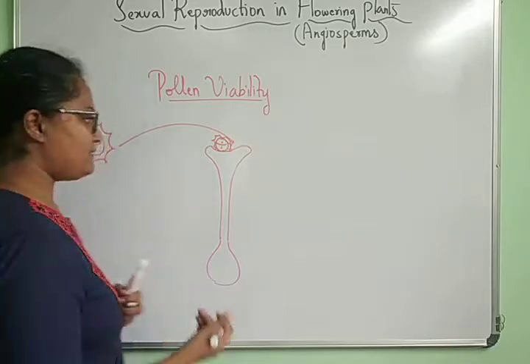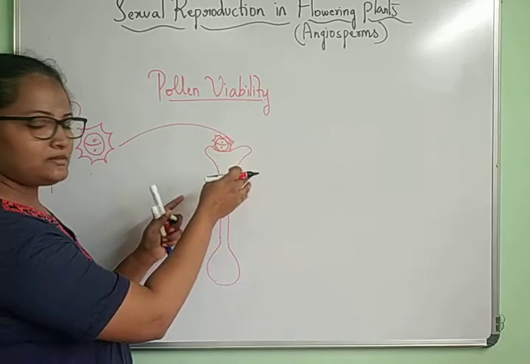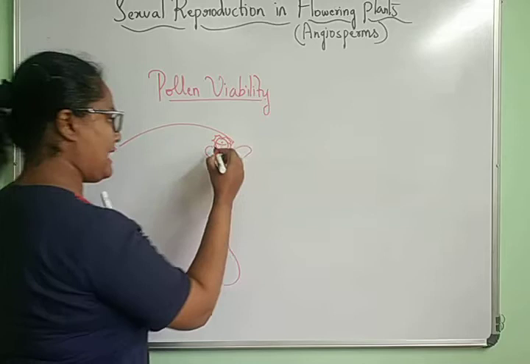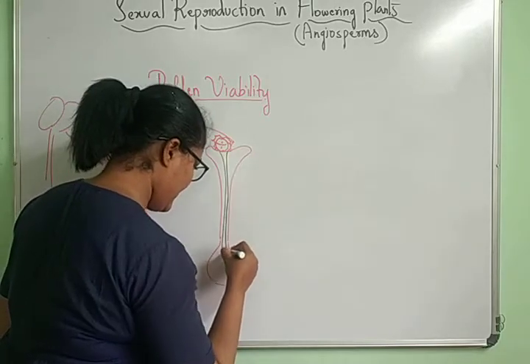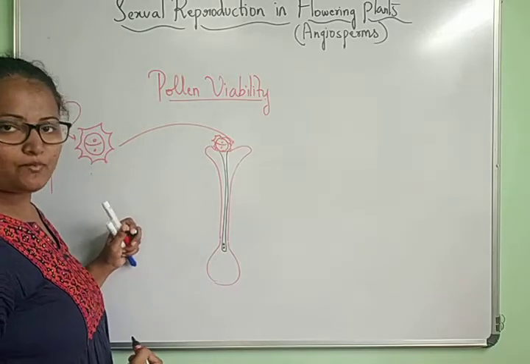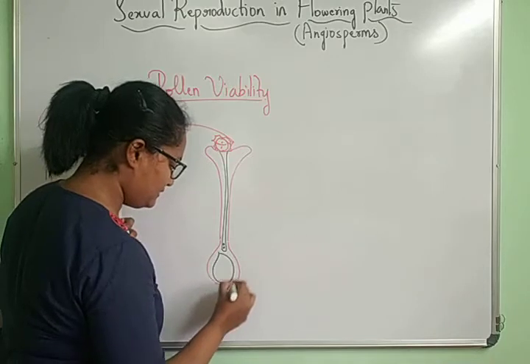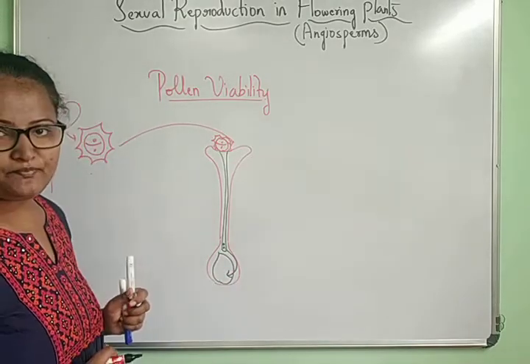So viability means the time from dispersal, or pollination, to germination. Germination means the pollen tube carrying those two male nuclei. This is called pollen germination, which reaches the ovule, fuses, and performs fertilization.